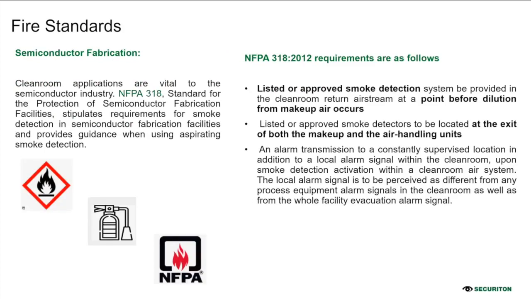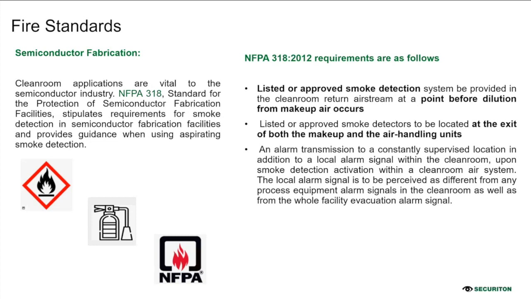So as I mentioned earlier, regarding clean room applications, if you go into further detail, NFPA 318 talks about semiconductor fabrications and the requirements needed for the fabrication to follow certain guidelines, as well as how the AST shall be placed and where other sampling points should be used according to the standards.